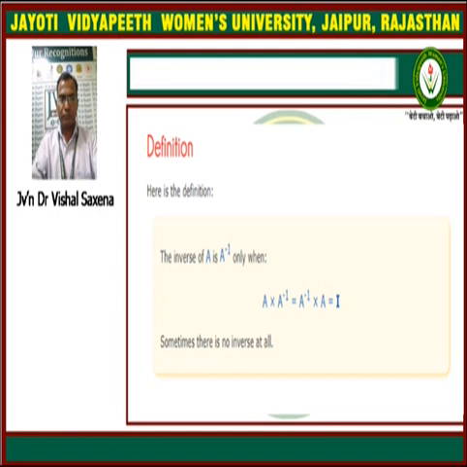If we multiply the matrix A with its inverse, A into A inverse, or A inverse into A, then it is equal to I, where I is called the identity element of the matrix. So A into A inverse equals A inverse into A, and that equals I.